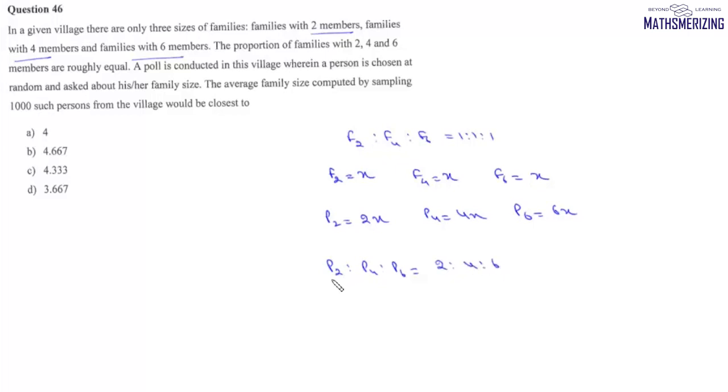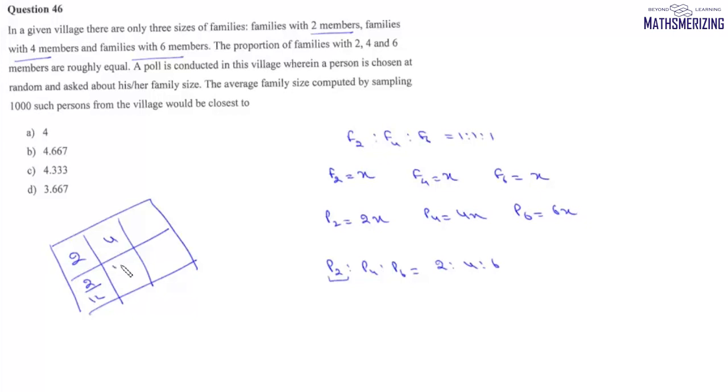So if a person is selected at random, then the probability that the person will report his family size as 2 is 2 by 12. For 4 it is 4 by 12, and for 6 it is 6 by 12.